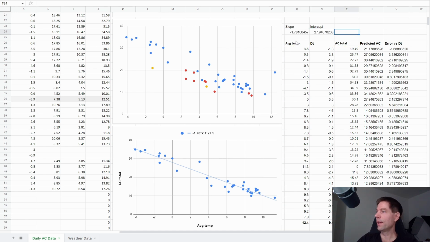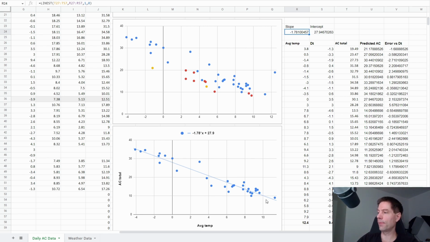That's all it's doing. And the two parameters it produces are, first, the slope. So how many kilowatt hours extra do we need for every reduction in degree of temperature? That's what this means here: minus 1.78 kilowatt hours per degree lower.